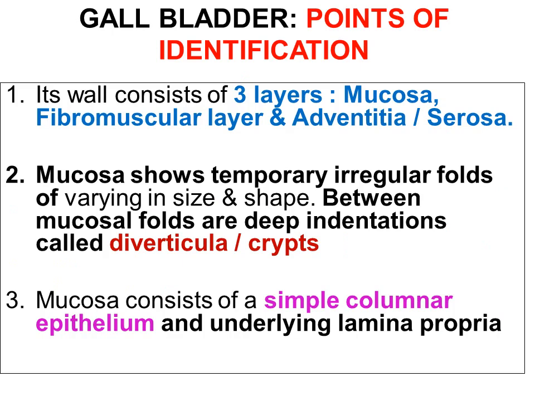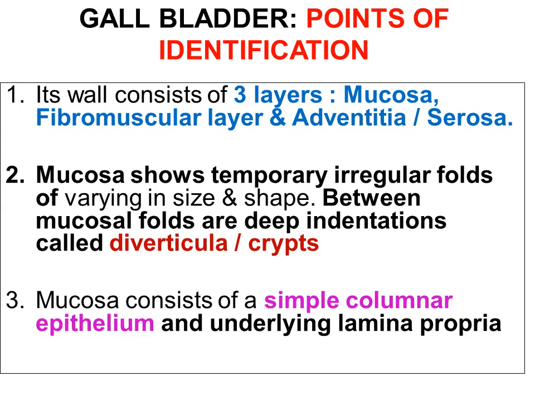So, if we again summarize the points of identification of gallbladder, it is consisting of three layers. The wall is consisting of three layers, that is the mucosa, the fibromuscular layer and the adventitia or the serosa. Mucosa may show temporary irregular folds of varying size and shape. Between the mucosal folds, diverticula may be present.